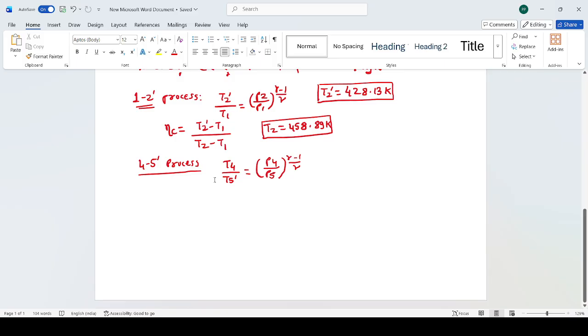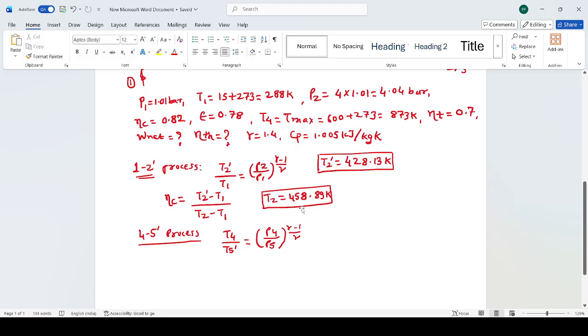By substituting the appropriate numbers here, the temperature T4 is known to me. It is nothing but T max, 873 Kelvin. Temperature T5 dash is what I have to evaluate. Pressure P4 is known, pressure P5 is known, and gamma is also known.